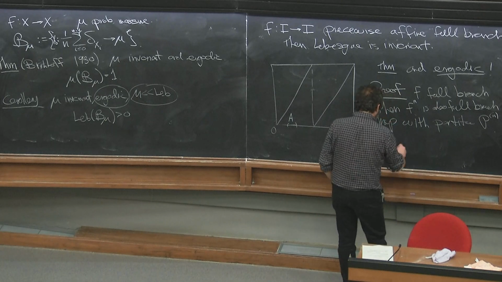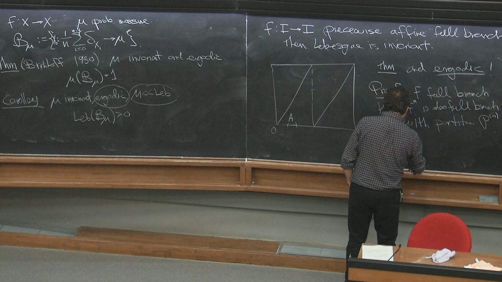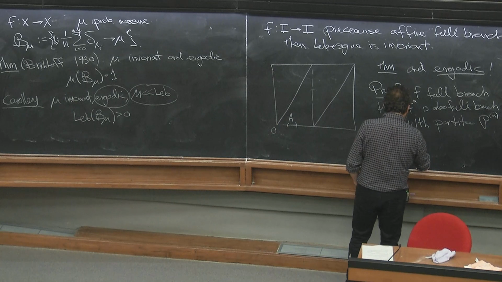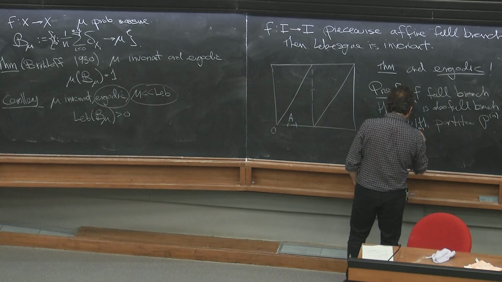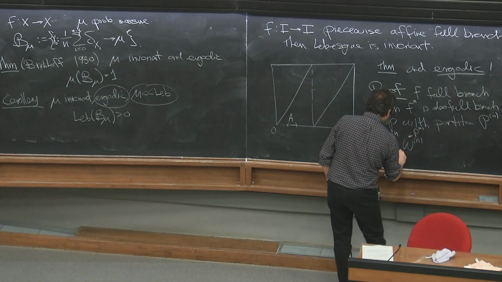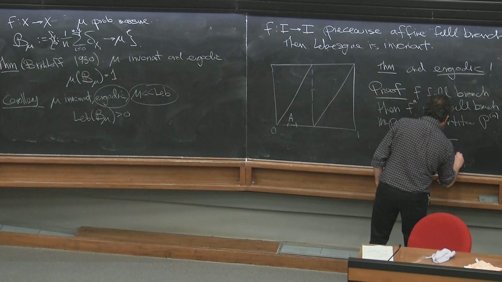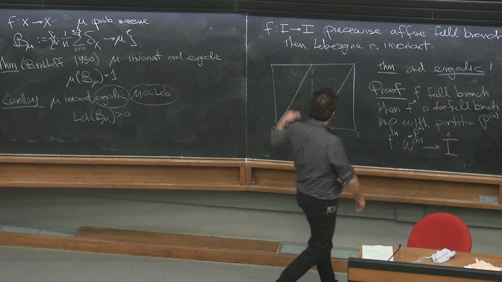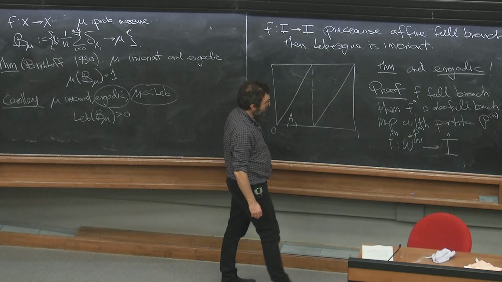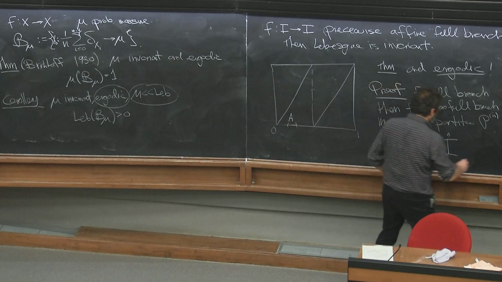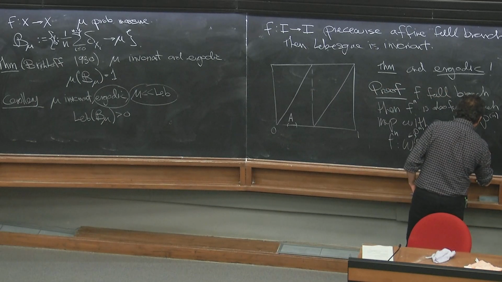And here we have that if you take some element omega_n in P_n, then f^n maps omega_n to the interior of this whole interval I. These are all open sets, right? So this is a bijection, and in fact, in this case, it's affine.